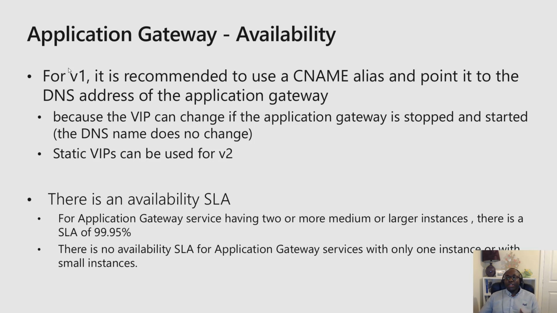Just ensure that you create a CNAME record in your DNS and you point your website to the DNS name of the IP address, and the DNS name gets updated if the IP address changes. For version 2, you can select a static virtual IP address, which essentially gives you peace of mind that the IP is not going to change.